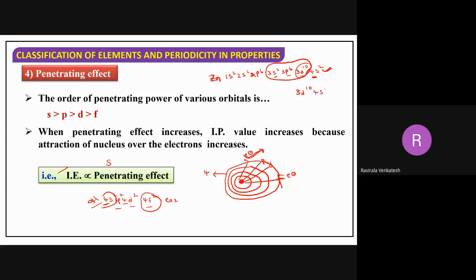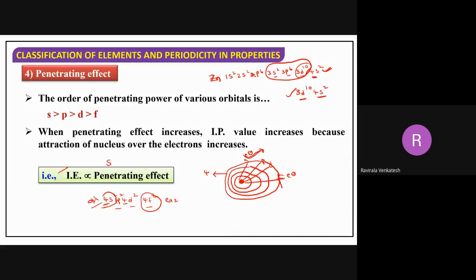If I say, sir, 4s, it is very simple. No, that is not correct. You have to see the n value also here. The value of n must be the same. Now the value is not the same here. So in that case, whichever has more n value can be easily removable. Understood my point?